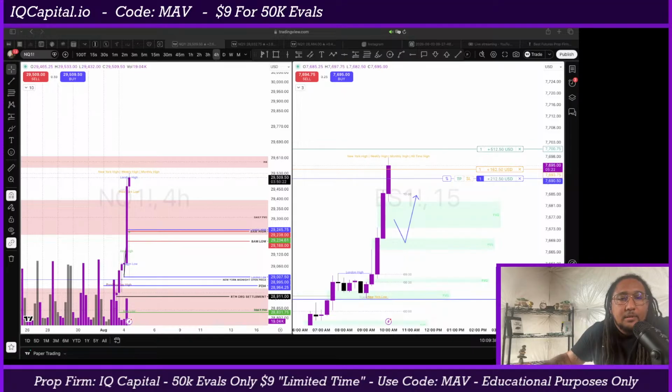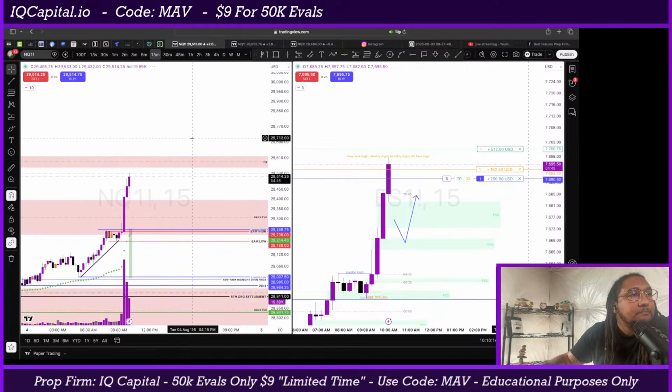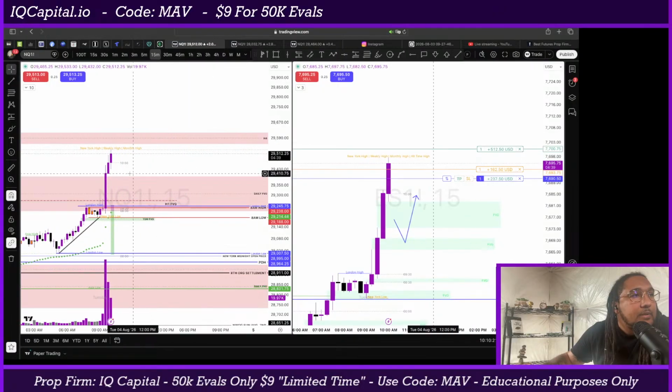Looks like we're getting a nice pullback here on NQ. So we failed to get a wick here on NQ with this 15-minute candle here.